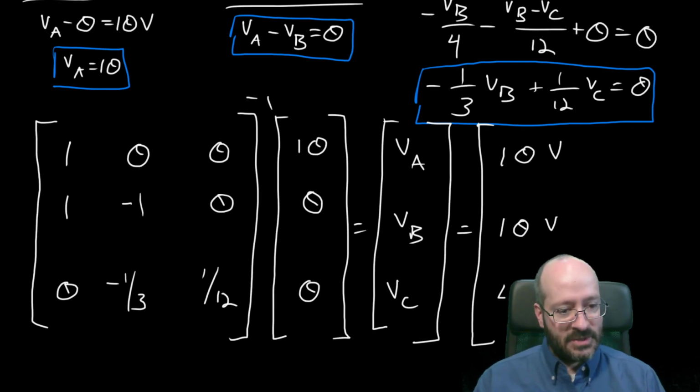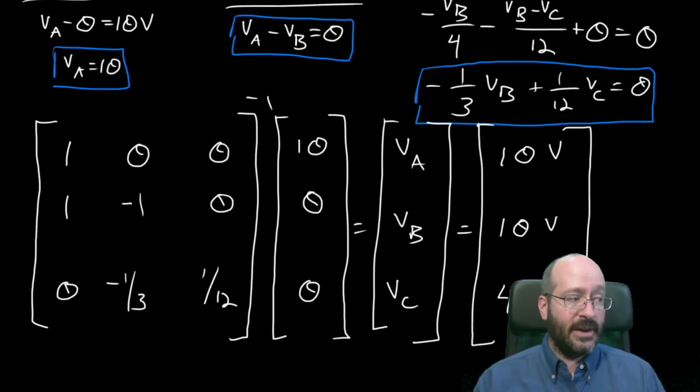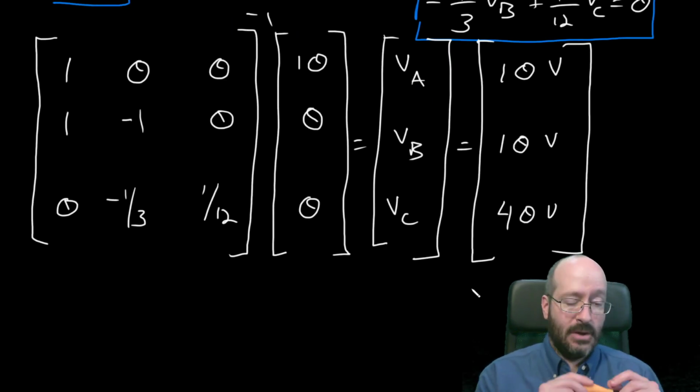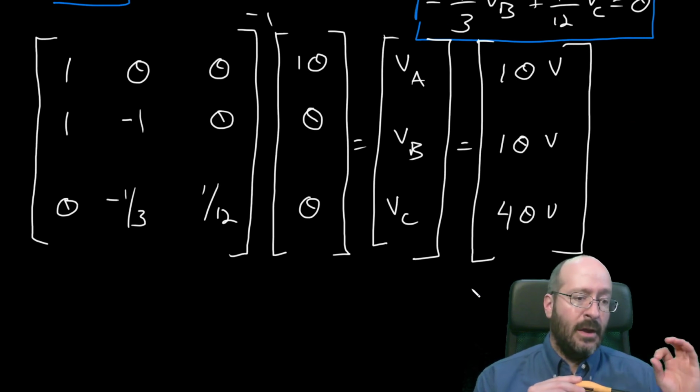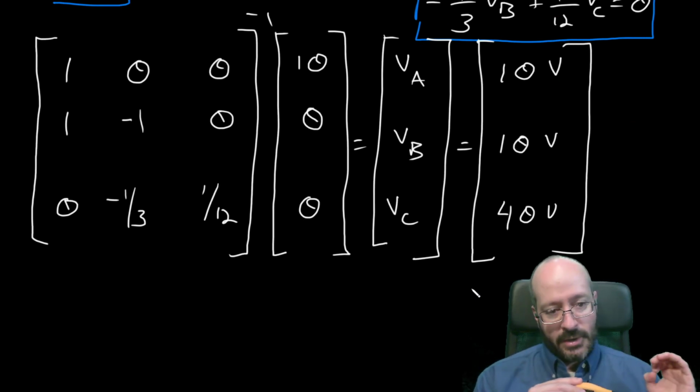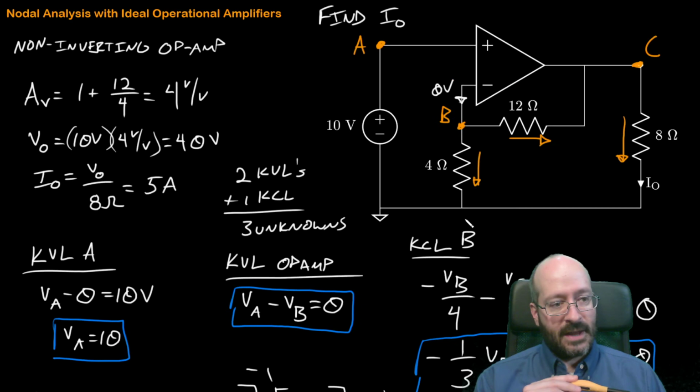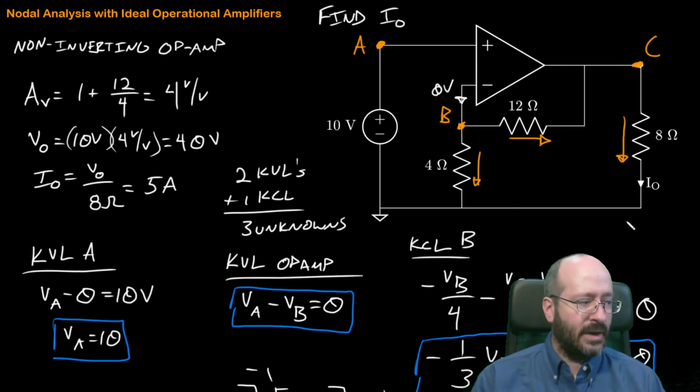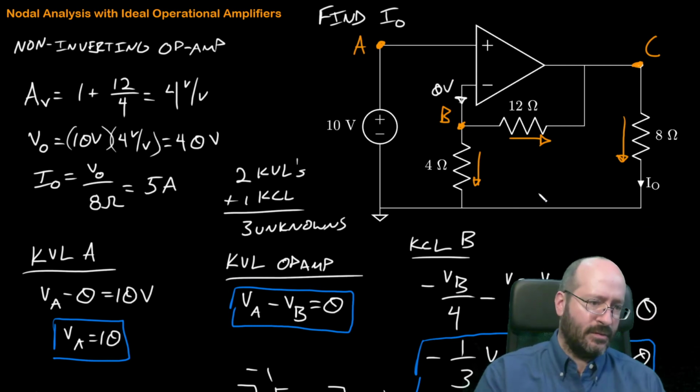And then finally, just like we found with the pre-canned book formula, it's behind my head, but it is in fact positive 40. Okay, so we're doing pretty good with that. Those are our node voltages. We've got to come back and say, well, what I really wanted to find was I out. And if I want to find I out, I do the tail-tip over the resistance thing, right?